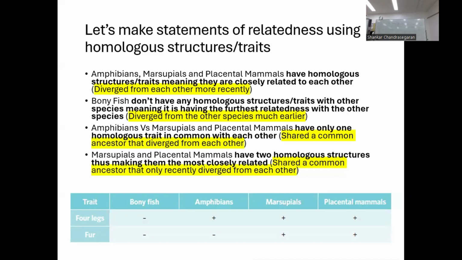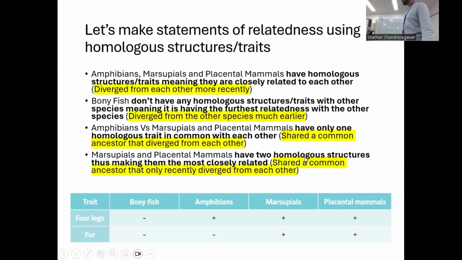That means that they shared a common ancestor that diverged. And most importantly, we see marsupials and placental mammals share both homologous structures, thus making them the most closely related species within the phylogenetic tree.